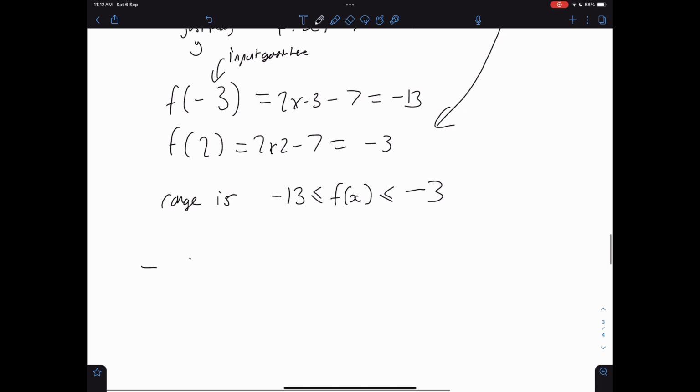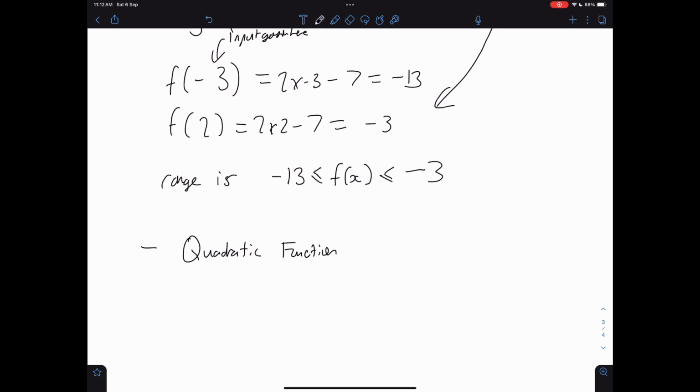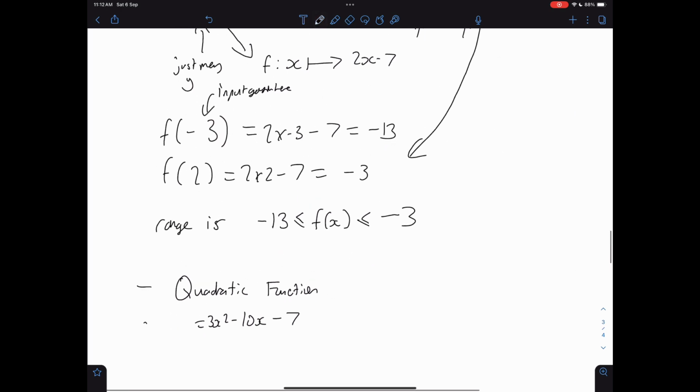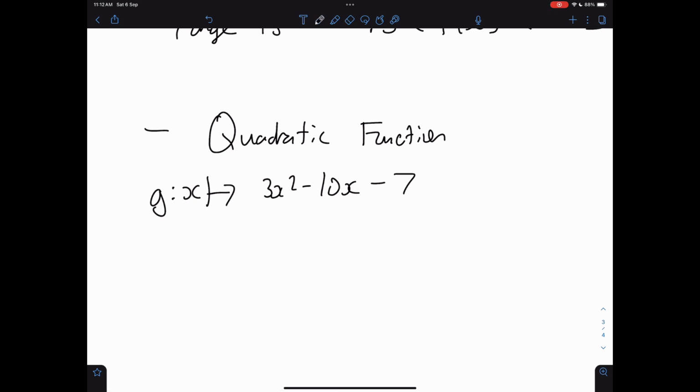Then you could also have a quadratic function, and the way we will figure out the range would be by completing the square. So if it was f of x equals 3x squared minus 10x minus 7, oh well, how about I use slightly different notation just for fun. And honestly, we just say, g of x equals 3x squared minus 10x minus 7.